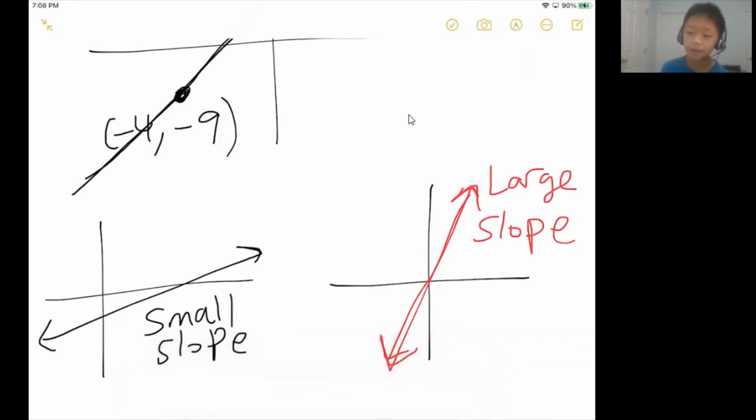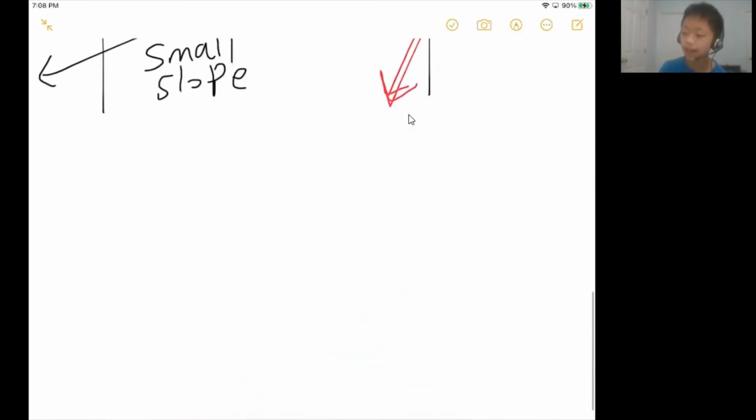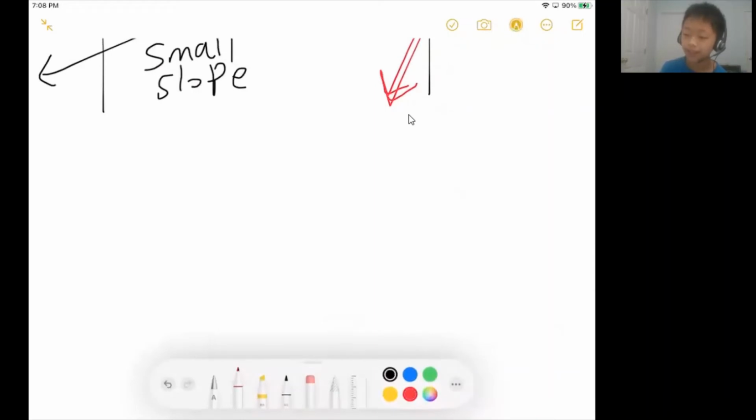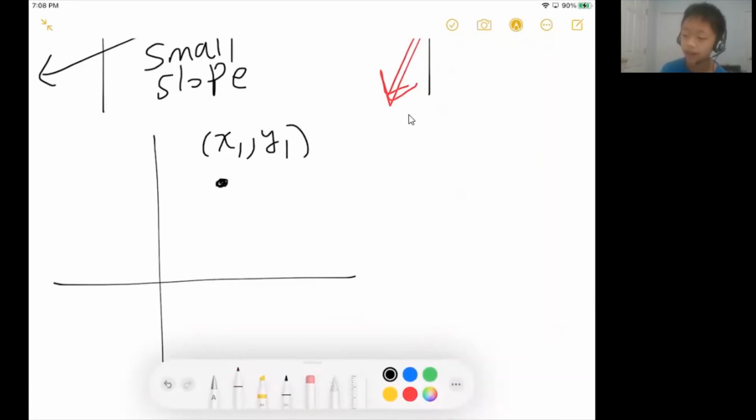To define what the slope is, we can find a mathematical formula. If you have any 2 points, where the first point has coordinates (x1, y1) and the second point has coordinates (x2, y2), then for the slope of this line, you might often hear people refer to slope as rise over run.